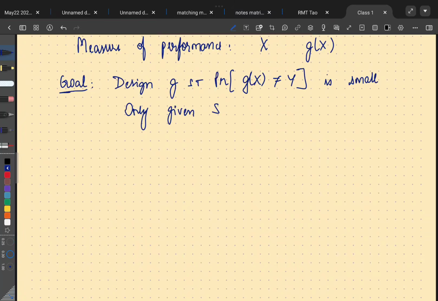And this realization could potentially deviate from the true distribution pxy, because it is just random samples. That's one thing that could happen. Or maybe I don't have enough samples to get a good approximation of pxy. That could happen. Anything else?